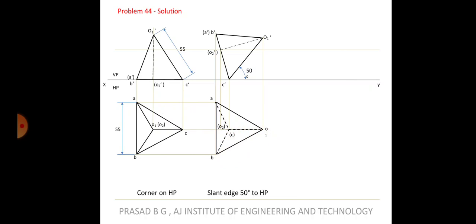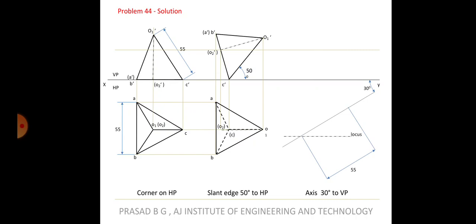Therefore in this case you will have to draw the locus, because they have not mentioned the term apparent. They have only told that the edge containing the corner is inclined to VP at 30 degrees. So what you have to do is first draw a 30 degree line and then take the true length of the edge containing the corner, that is O dash C dash, 55 mm, measure that and then draw a locus line.